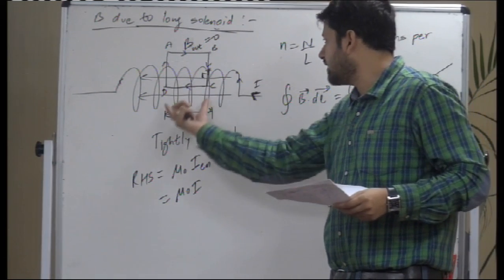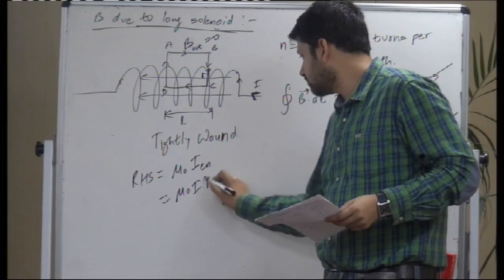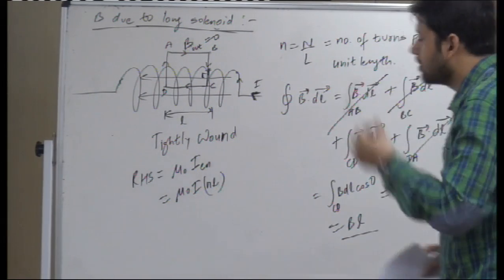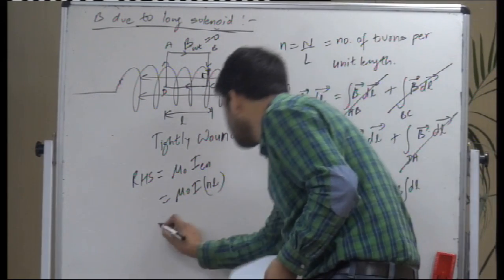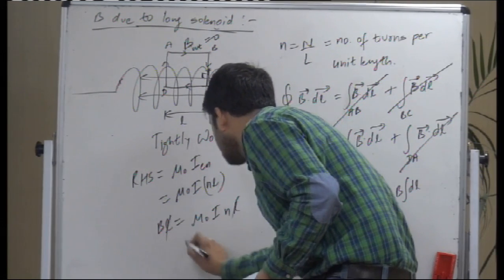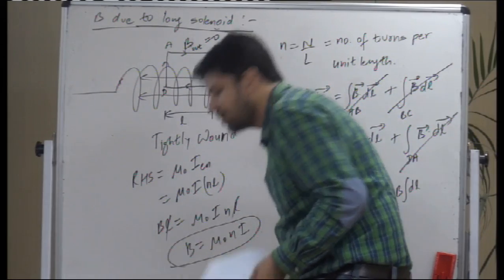For L length, the number of turns would be NL. So for NL turns, current would be this much. Now let us equate. BL is equal to mu naught I NL, L cancels, B is equal to mu naught NI. And this is what you already knew.